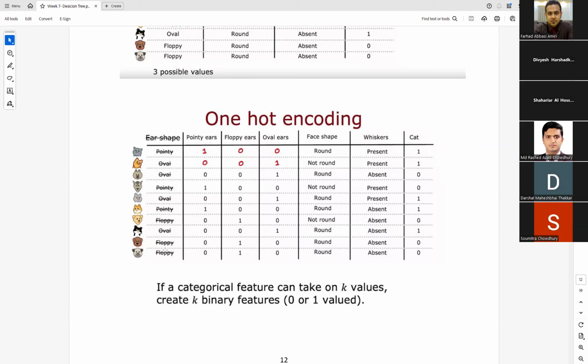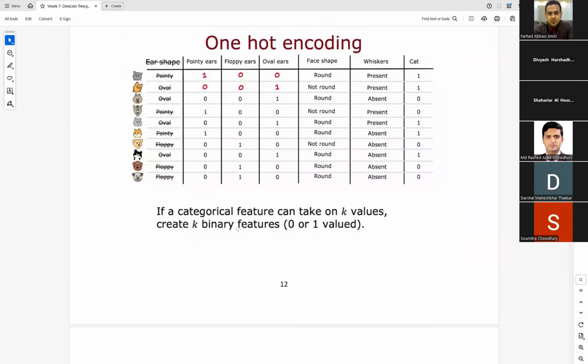We changed this column because it has 3 categorical values, pointy, oval, and floppy, and then we created k binary features, or 3 binary features. Binary means 0 and 1.